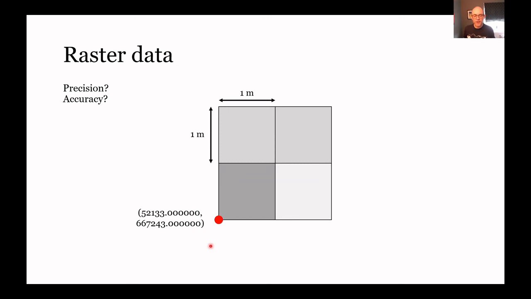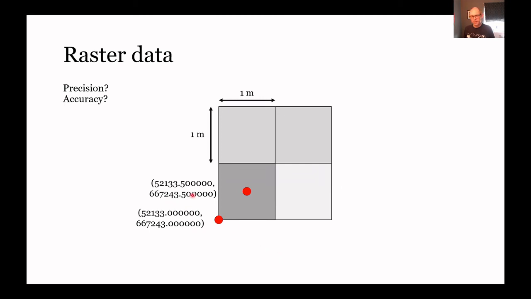And so we defined our position there. That corner, that is very much definitely there. And even the center of this cell or this pixel, well, we can define that with great precision, same precision as before, and that could be very accurate as well. The center of that cell is definitely there.